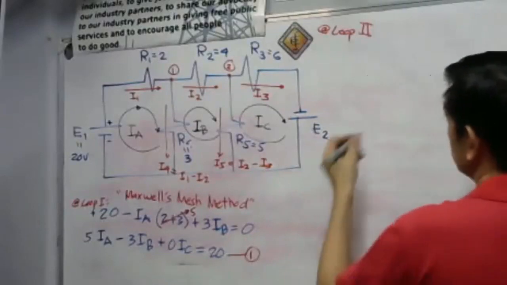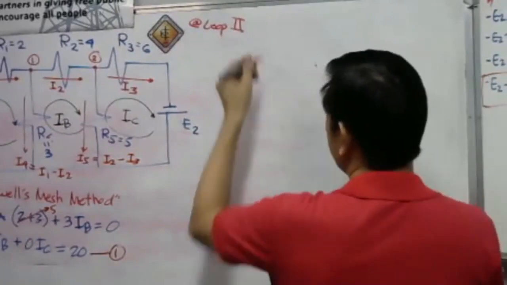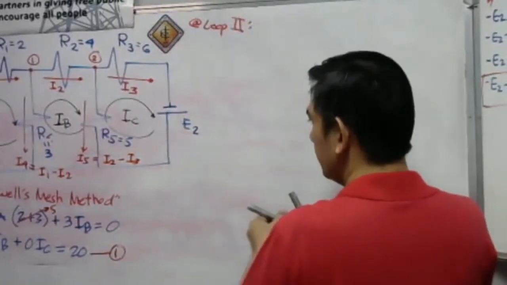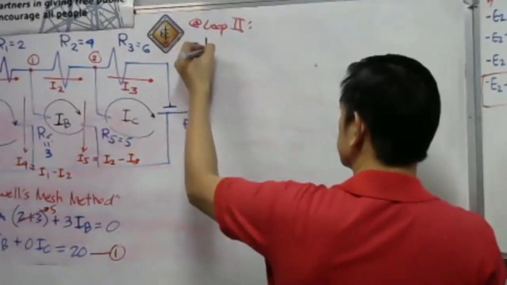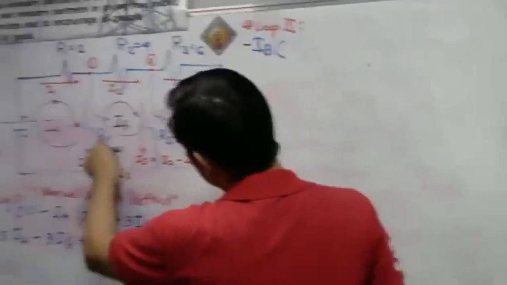So just make it negative I sub B multiplied by the loop resistances. So what are our loop resistances?